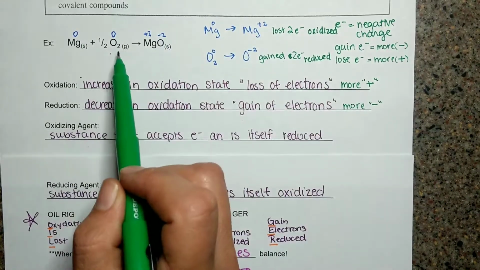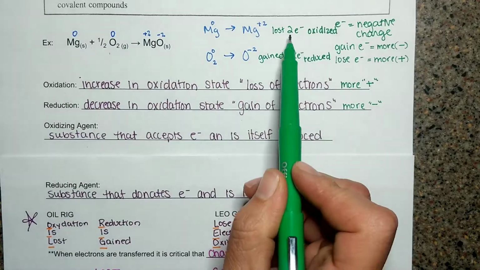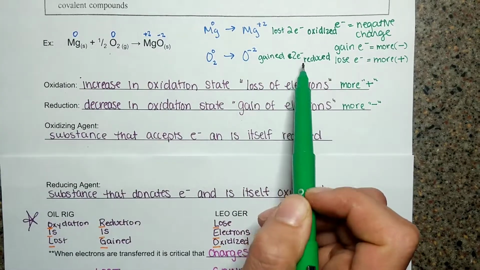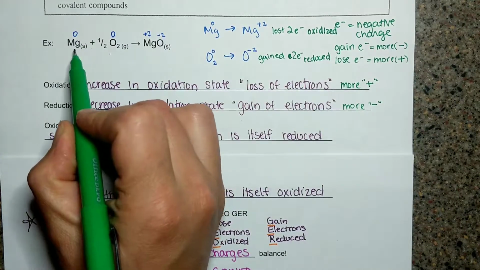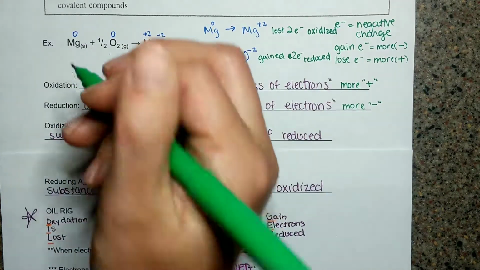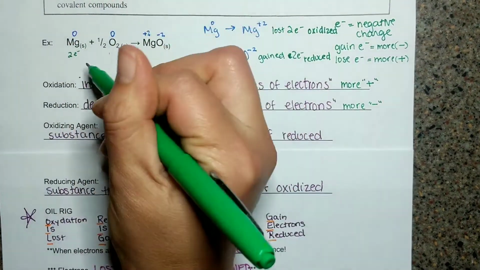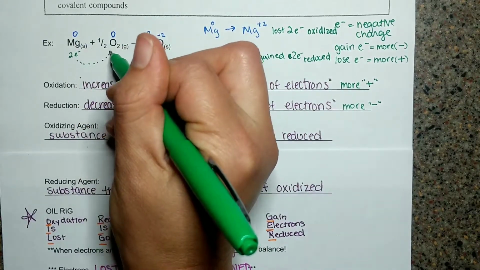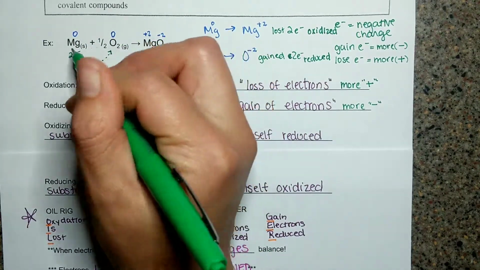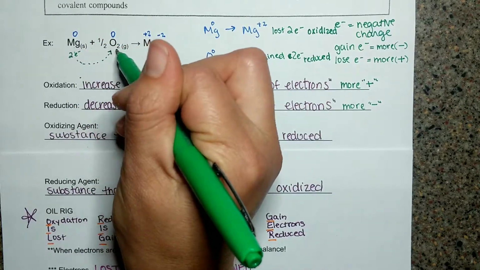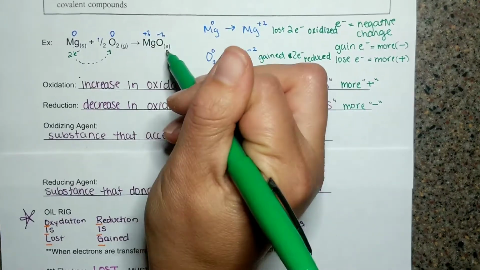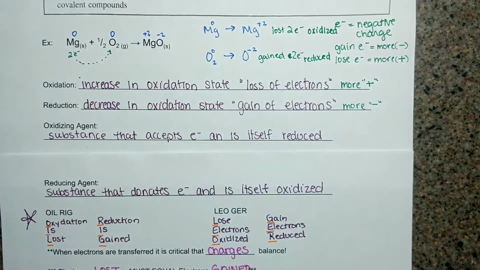So if we go back up here, we notice that magnesium lost 2 electrons and oxygen gained 2 electrons. So 2 electrons came from the magnesium and went to the oxygen. So magnesium lost 2 electrons, they were given to the oxygens, and that's how this ionic compound was formed.